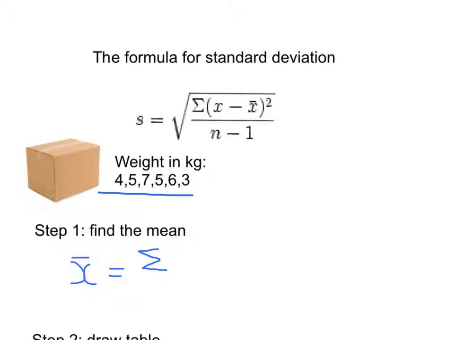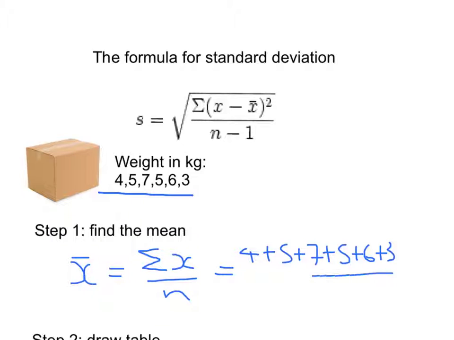We can say the sum of all the x's over n is the same as the mean, and it's just the same as you would do normally. 4 plus 5 plus 7 plus 5 plus 6 plus 3 divided by 6 is 30 divided by 6, which is 5, so we have a mean of 5.